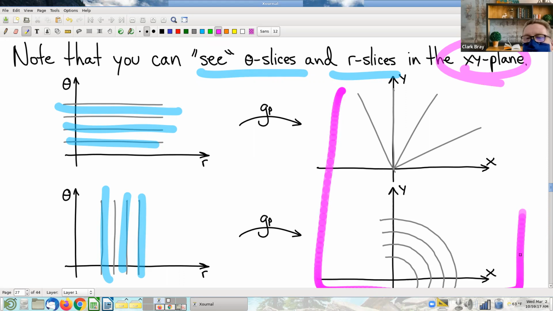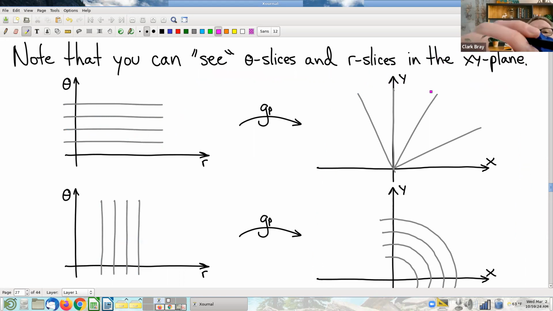So looking over here in the xy plane, I can totally see what they look like. And in particular, here are theta slices. Oh, well, let me start down here. What is this right here? That theta slice. Well, theta is a constant, and r is increasing, right? So that's that.